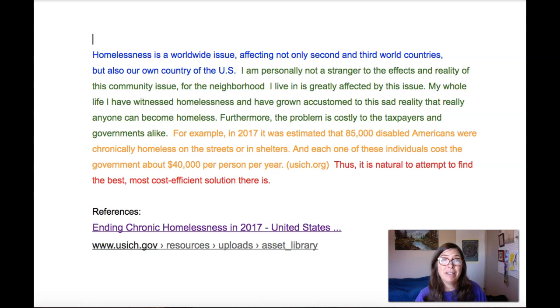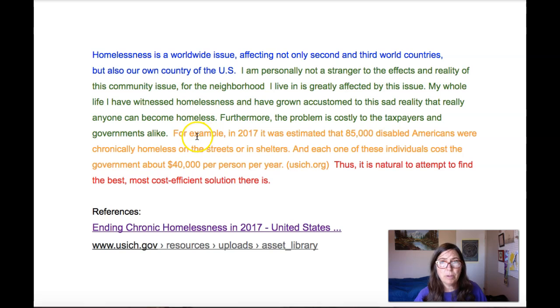And here's how I divided the second paragraph. Very straight, not interleaved, but just straight color blocks. Homelessness is a worldwide issue affecting not only other countries, but our own country of the U.S. And it turns out his paper was all about homelessness in the U.S. So that was his topic sentence. And what I liked about his explanation, he talked about how it was important to him personally and to our country.